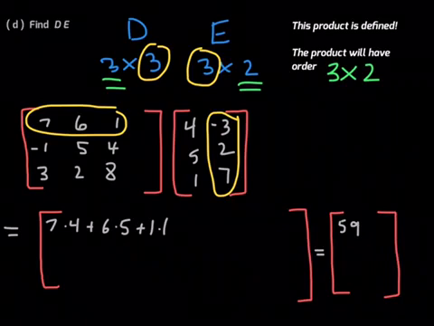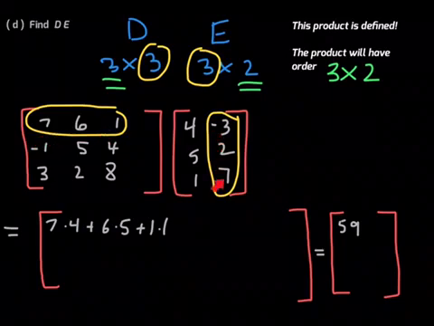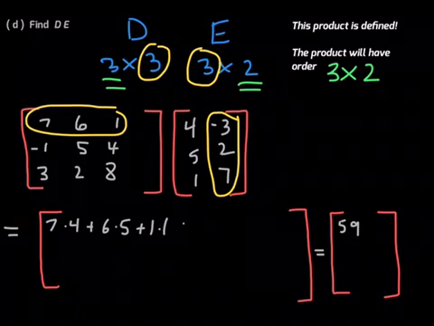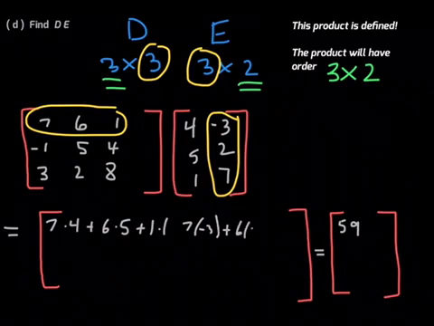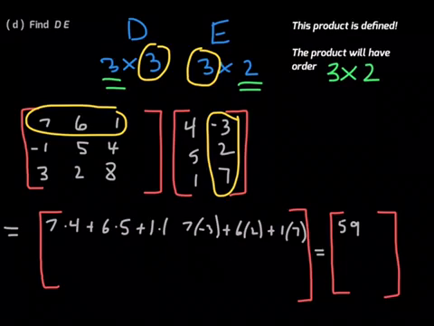Okay, guys, I moved everything over just a little bit. So the first row and the second column will end up being 7 times negative 3, plus 6 times 2, plus 1 times 7.